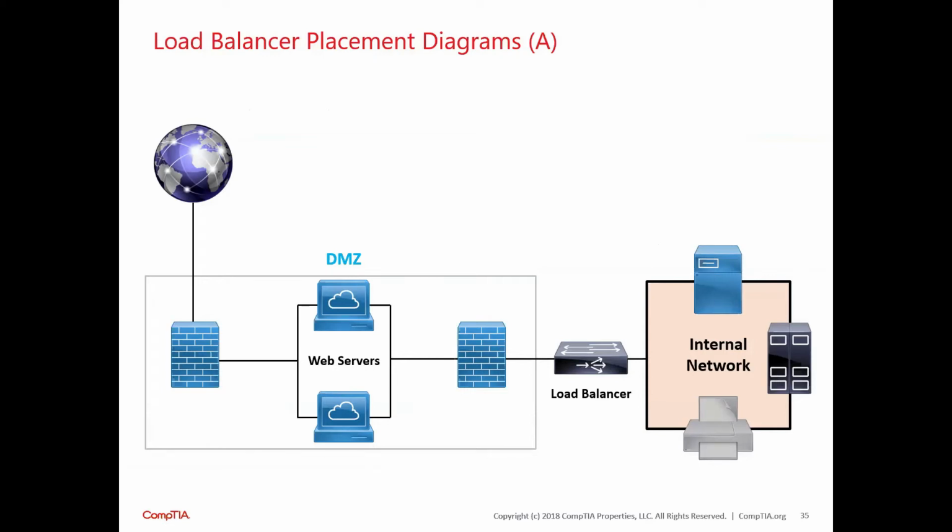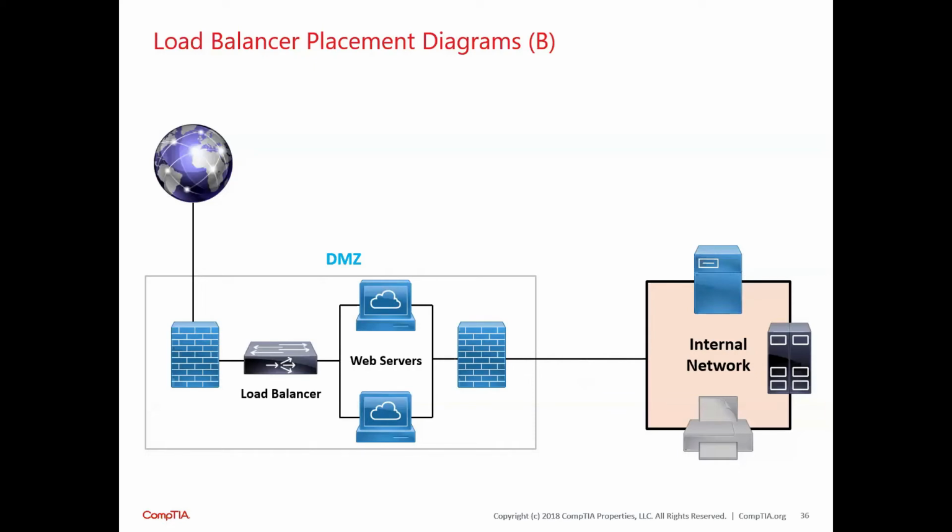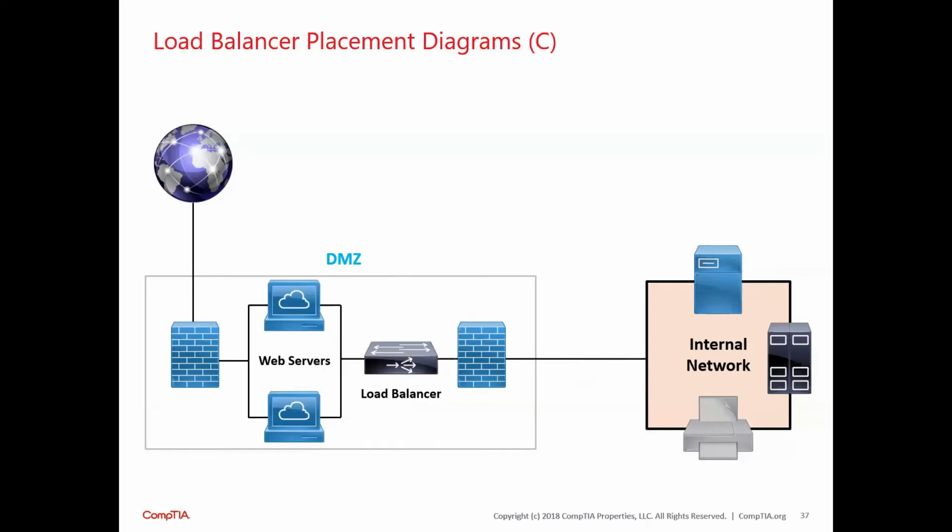In the exam, you may be asked about the placement. Where should you actually place your load balancer, your routers, your firewalls, your IDSs, and so on. So this is another placement where you place a load balancer between the firewall and your DMZ before going into the internal network.